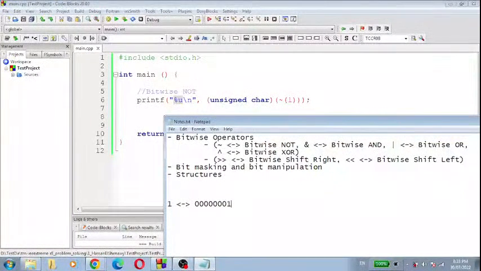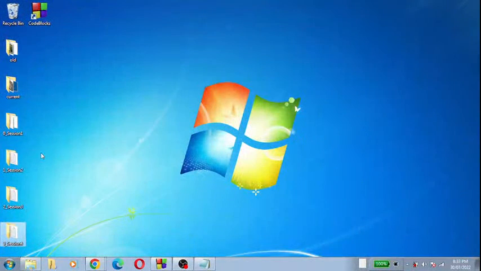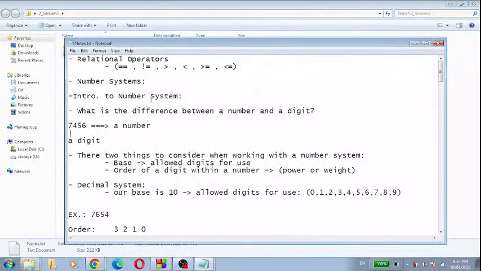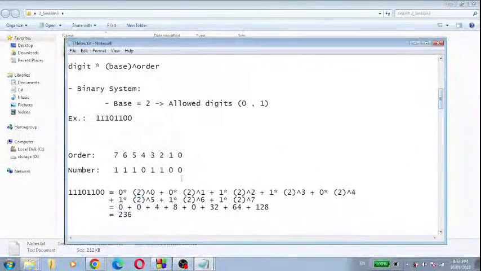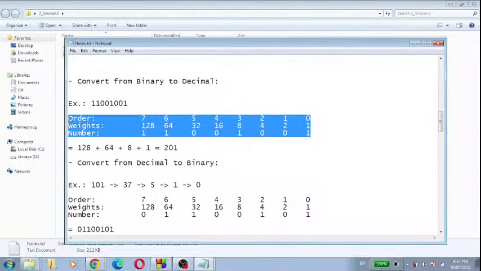And of course you know how to get it. You remember this? It is the same way actually.